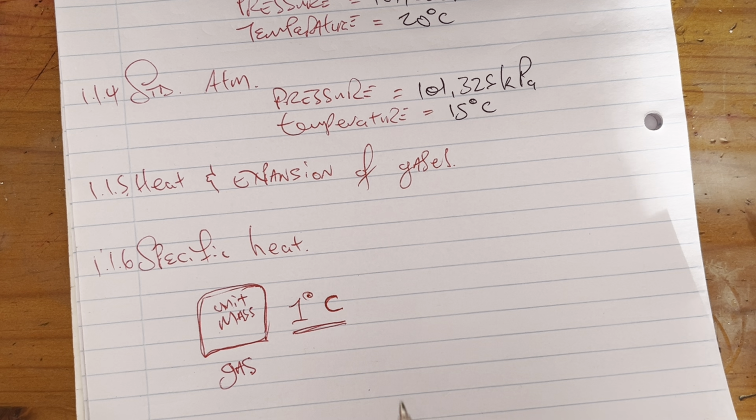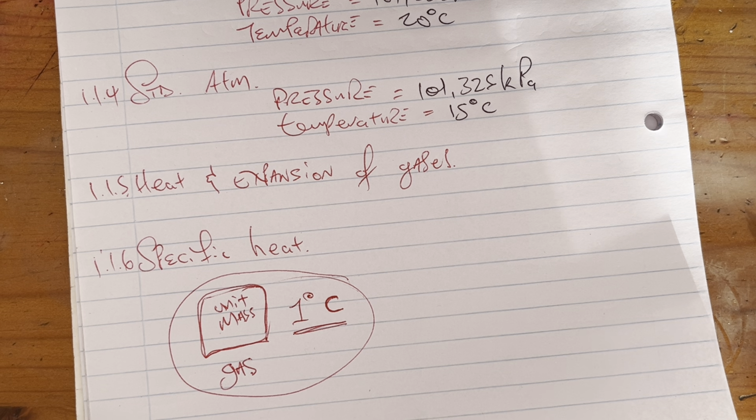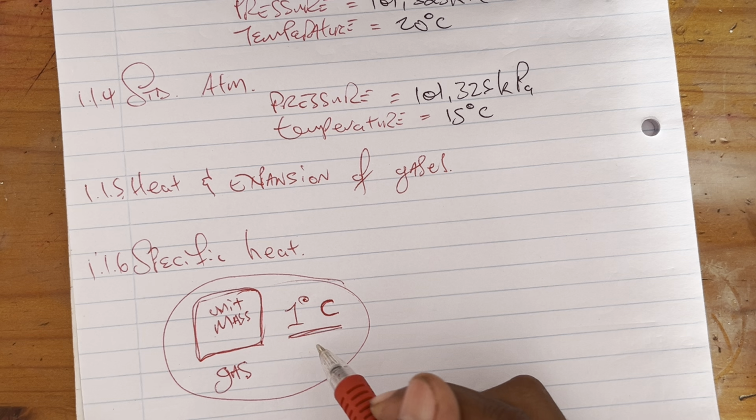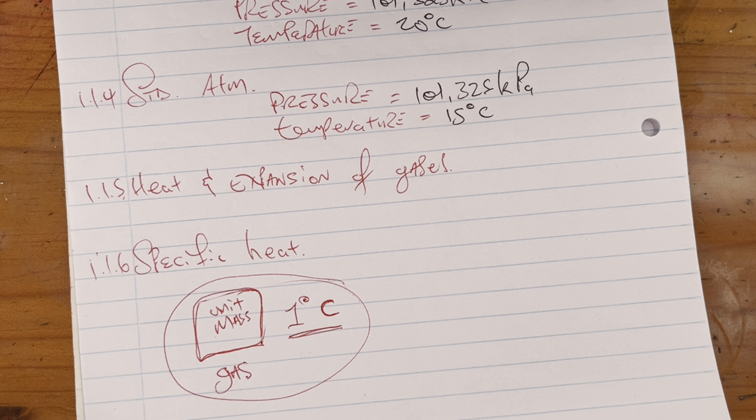The amount of energy required for this to happen, we refer to that amount of energy as specific heat. So specific heat is the unit of energy required to increase the temperature of a unit of mass of a gas by 1 degree Celsius. That's it.